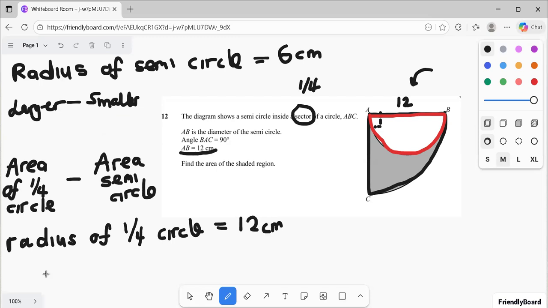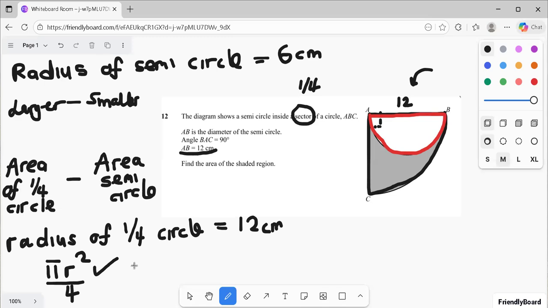Okay, so therefore, for the area of the quarter circle, we know the area of the full circle is pi r squared. But if it's a quarter circle, I then divide by 4. I take the area of the full circle and divide it by 4. So this becomes the formula for the area of the quarter circle: pi r squared over 4.